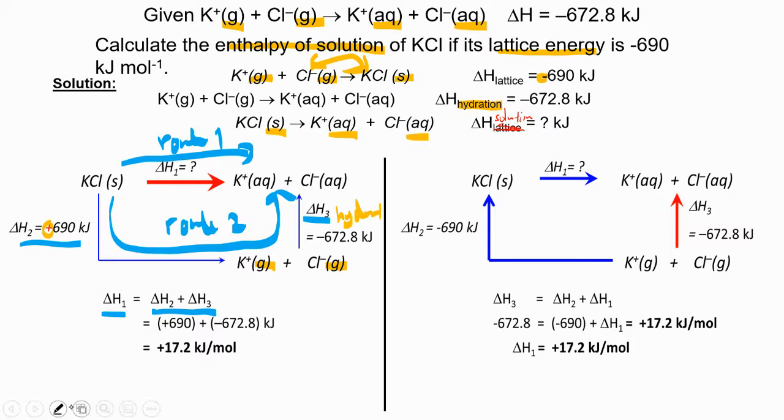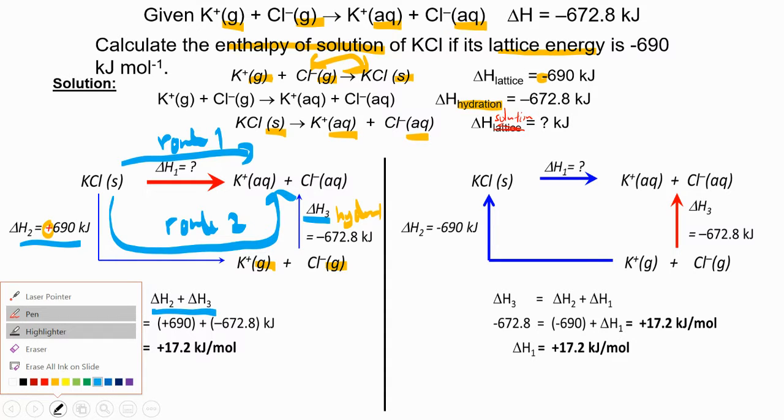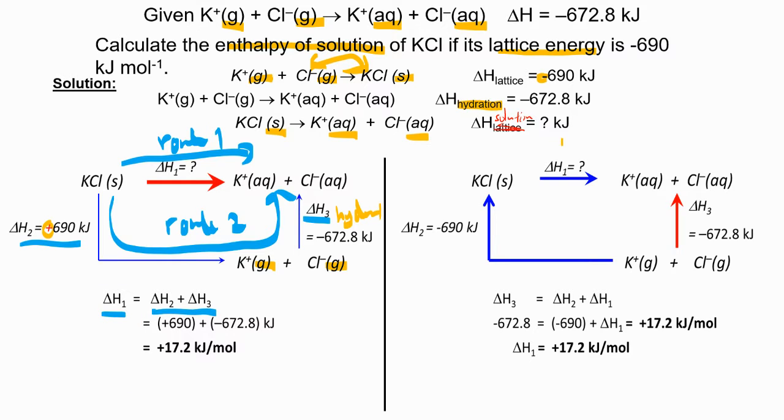Now let us look at another example where I have changed the direction of the arrow as well. What remains the same is the one that I want to find, that is the enthalpy of solution. Now what did I change?